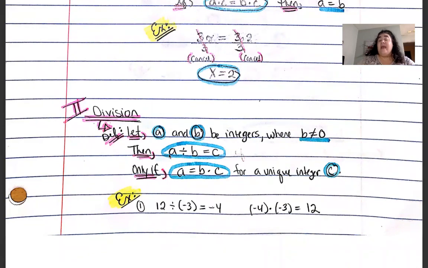Then A divided by B will be equal to some quotient C. However, this is only true if, going the opposite way, A is equal to the product of B and C. And you know that this is true. That's how we teach division.